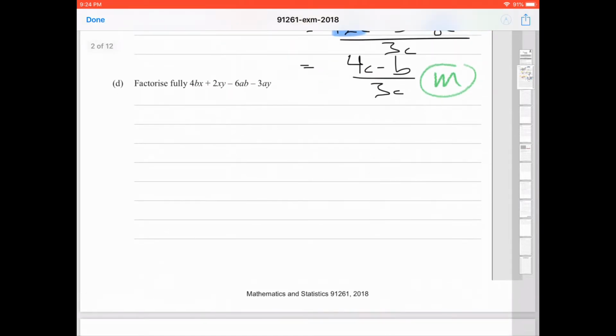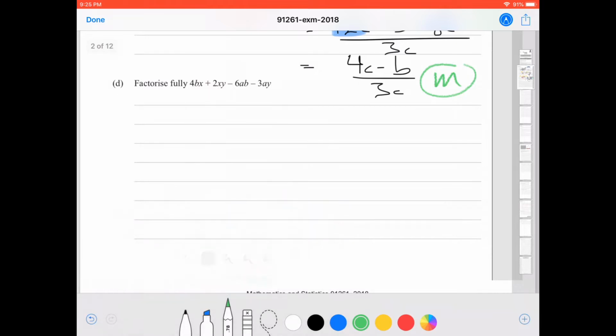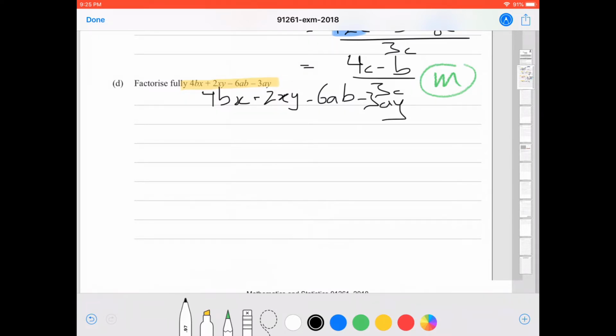Question 1d now. Factorize fully this expression, 4bx plus 2xy minus 6ab minus 3ay. Okay. 4bx plus 2xy minus 6ab minus 3ay. And here we've got 4 terms. We're trying to factorize this expression.